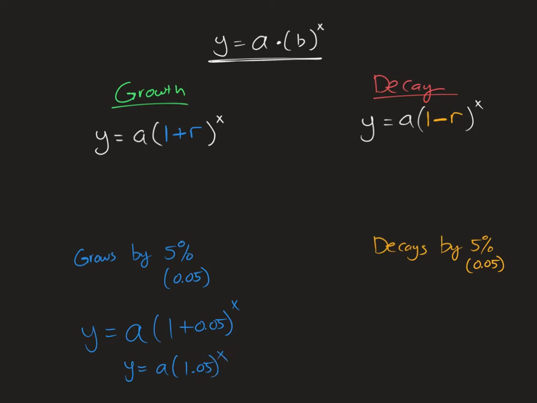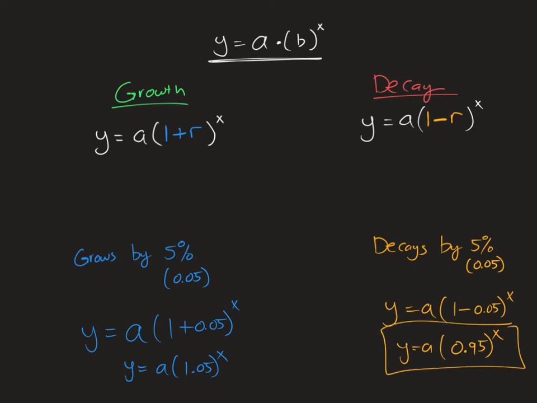Whereas if it decays by 5%, it's going to use this second formula, y equals the starting amount a times 1 minus the 5% as a decimal, which is a times 0.95 to the power of x. So you should be able to identify whether something is growing or decaying by whether the number is bigger than 1.